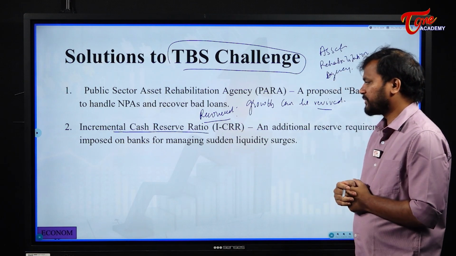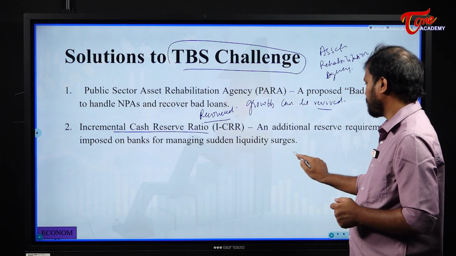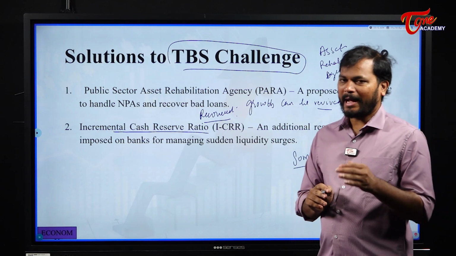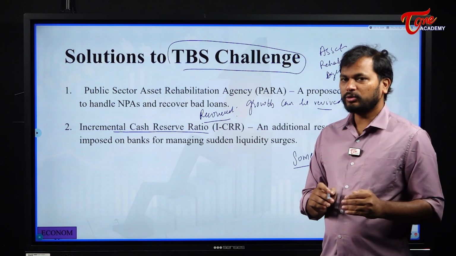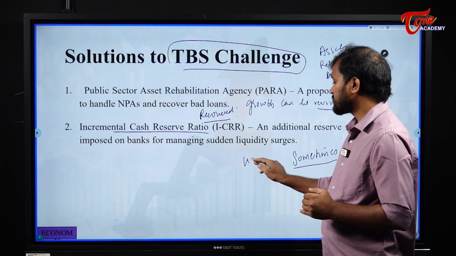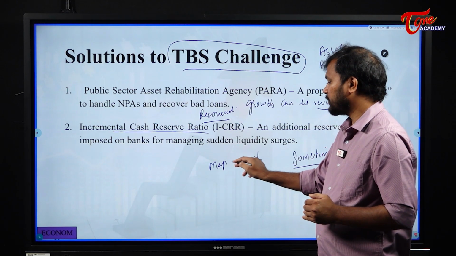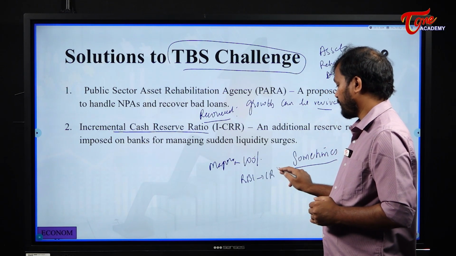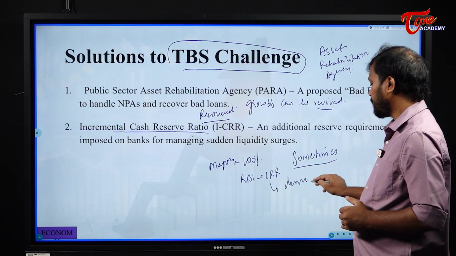Next, incremental cash reserve ratio. Incremental cash reserve ratio is nothing but sometimes the RBI can ask the banks to deposit 100% or a majority percent of their deposits with the RBI in the form of CRR. This especially happened during the demonetization.